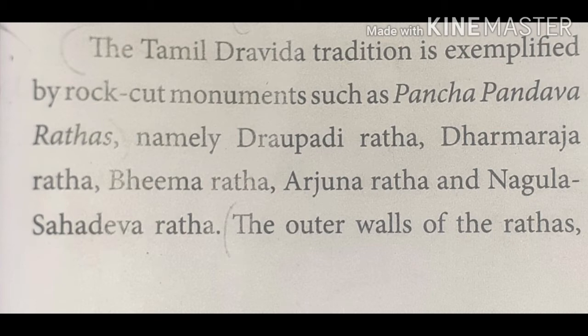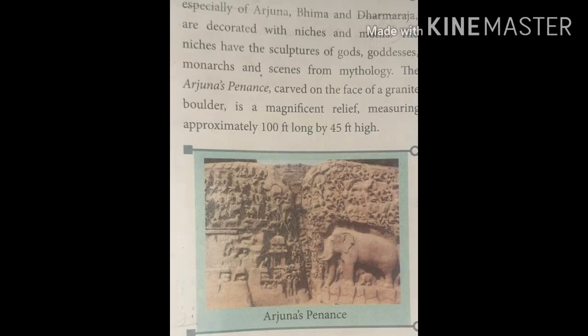The Tamil Dravidian tradition is exemplified, that is, represented, by rock cut monuments known as the Pancha Pandava Rathas, namely Draupadi Ratha, Dharmaraja Ratha, Bhima Ratha, Arjuna Ratha and Nakula Sahadeva Ratha.